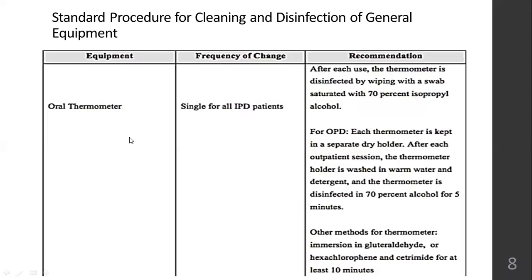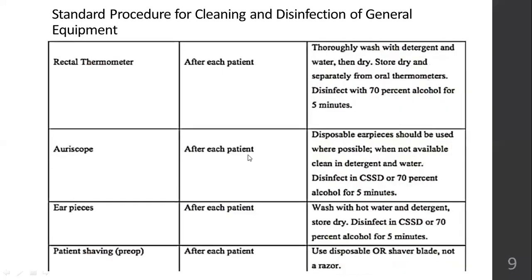There are different solutions for it, for at least 10 minutes, and then use it on a new patient. When you're using 70% alcohol for 5 minutes, you have to wipe it after every outpatient session. Without wiping the thermometer, do not use it on a new patient, whether in the inpatient department or OPD. These things have to be taken care of when you're dealing with thermometers.